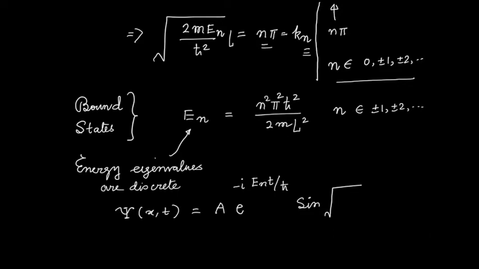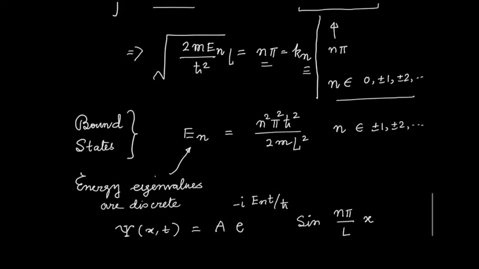But you see, this root over 2m En by h cross square times L has to be some n, and then we are writing everything in terms of n. So this I can write as n pi by L times x. Okay, so you may ask, how do I write this?